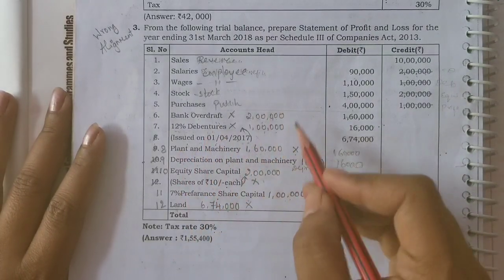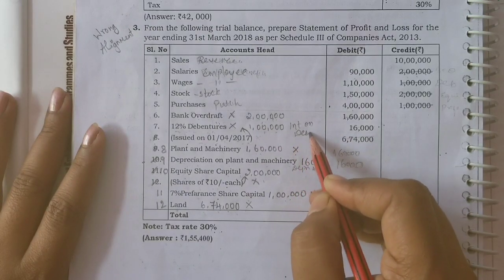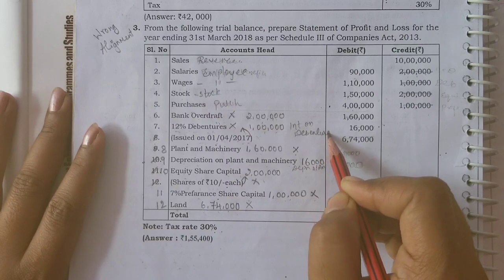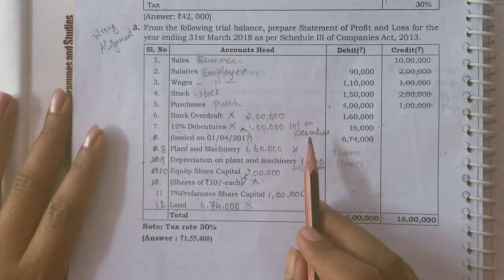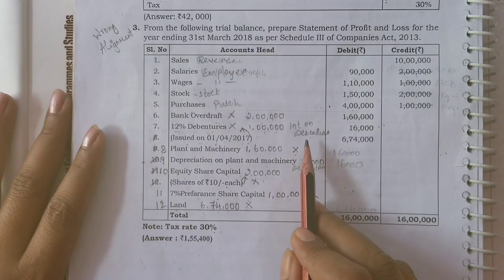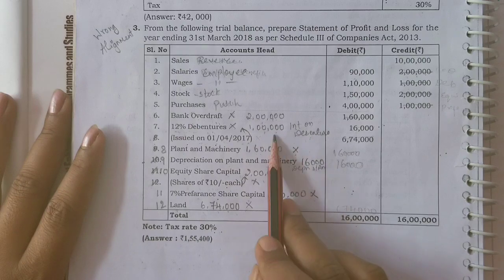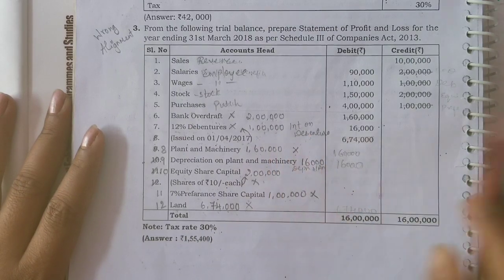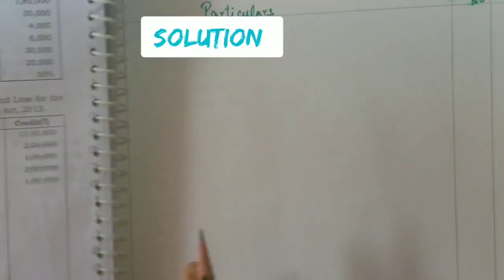So the hidden information is that there is interest on debentures, for which there is no amount given and we have to calculate it. This interest on debentures obviously comes under the heading of finance cost, which comes under expenses. I will tell you how to calculate this interest on debentures when I am solving the problem.